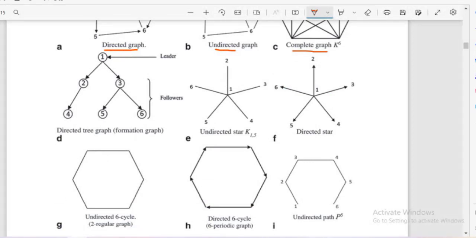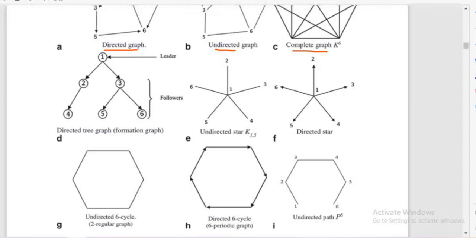For a directed graph, for example, node 1 in this graph can send data to all the nodes. For example, 1 can send data to 4 by 2. 1 can send data to 3. 1 can send data to 5 by 3. 1 can send data to 6 by 3.